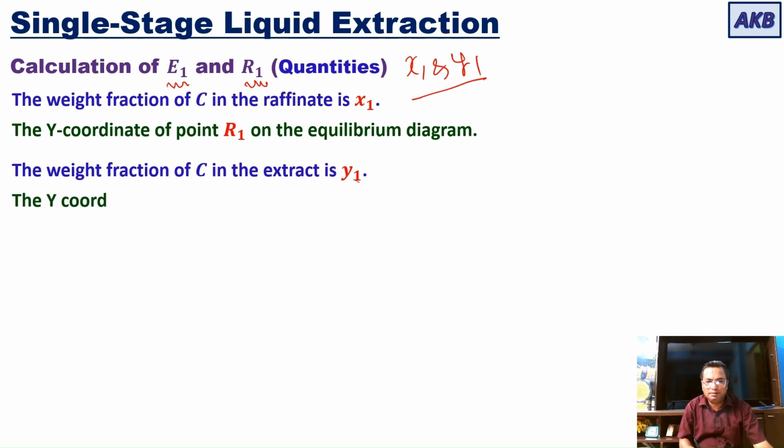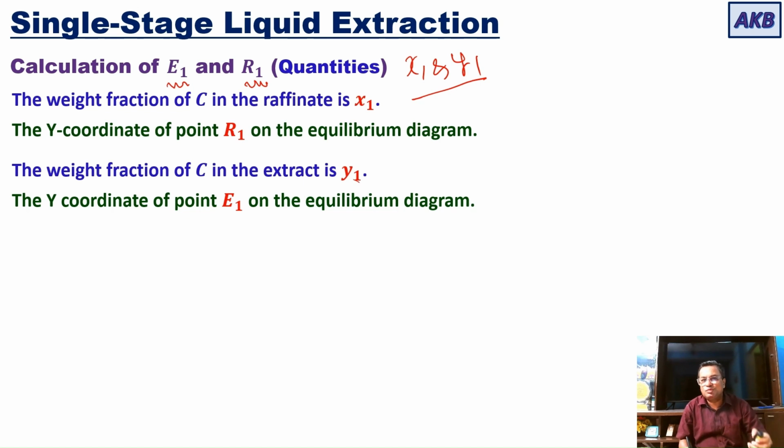Now, what is the meaning? The meaning is that the y-coordinate of the point E1, which I just showed you in our previous discussion, will give us y1. So, we need to plot the tie line that passes through M1 and mark the endpoints of that tie line as R1 and E1. R1 represents the raffinate phase, E1 represents the extract phase.